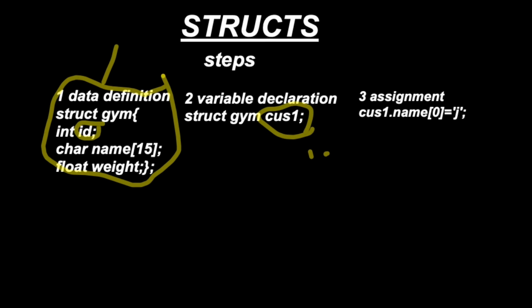This is assignment. I'm just trying to give you an example of assigning values. Let's say I want to assign again. I'm going to use the same thing, course1 dot id equal to 25. So this is the ID of the customer, and the name of this customer is J.